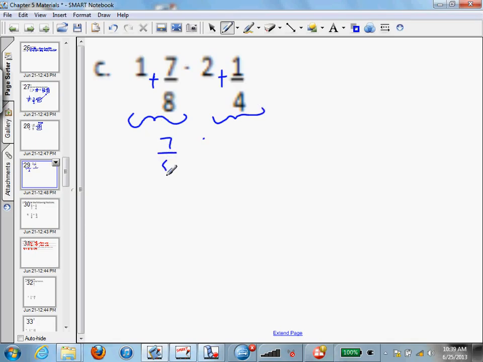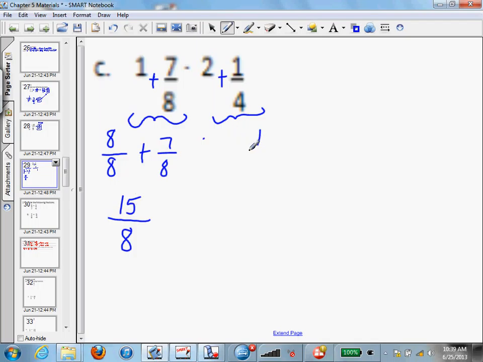We have 7 over 8 plus, and remember, any one can be written as a fraction of itself over itself. So we want 8 to be the denominator to keep these the same. So we have 8 over 8, which reduces to 1. Now if we add these together, leaving the denominators the same, we have 8 plus 7, that is 15.